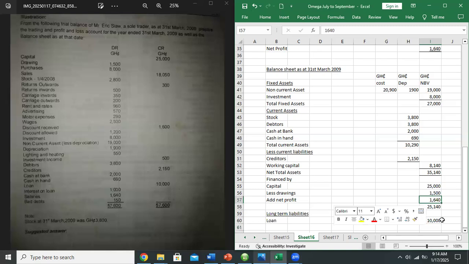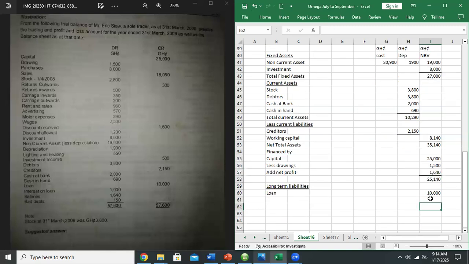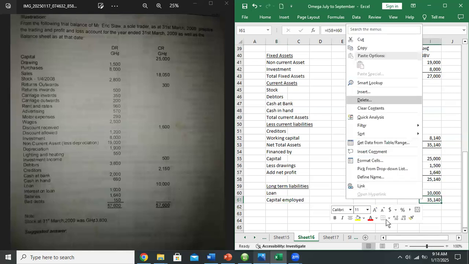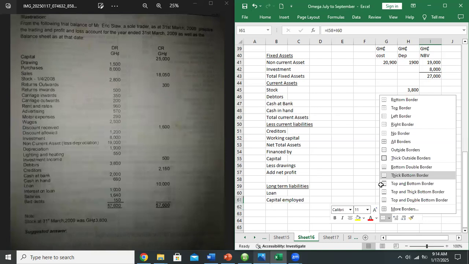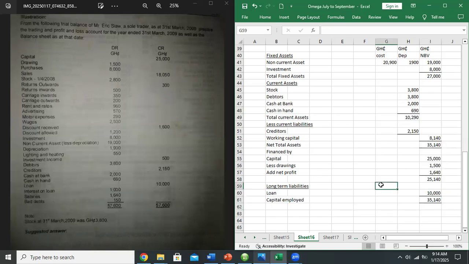So you add your long-term liability to your capital, and that will be 25,140 plus 10,000, giving us 35,140. And I said that is the capital employed, and it should always be equal to your net total assets. In this case, they are equal. So our balance sheet has balanced, or it has agreed.